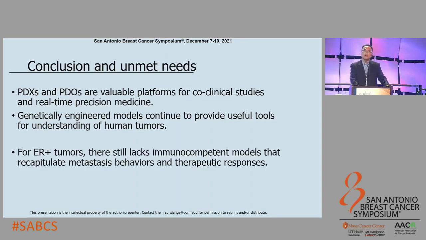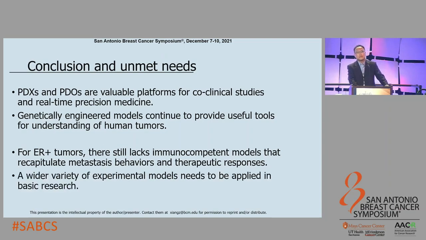For instance, for ER-positive tumors, we still lack an immunocompetent model that recapitulates metastasis behavior as well as therapeutic responses. If you look at the literature, a large quantity of studies are still based on a very limited choice of preclinical models. Although these are great models, they are unlikely to recapitulate the heterogeneity of breast cancer. Therefore, there's a need for a wider variety of experimental models used in metastasis research.